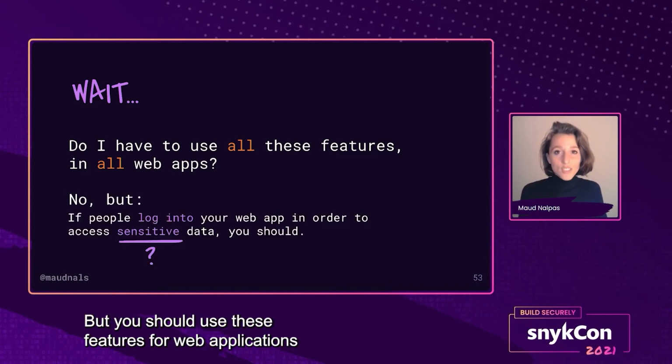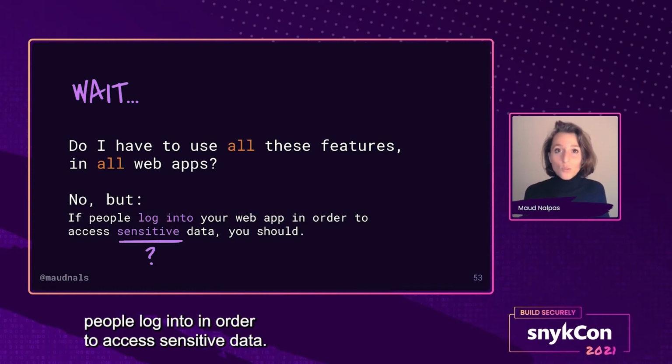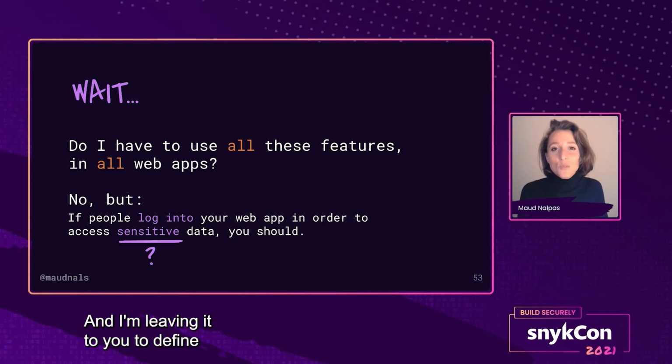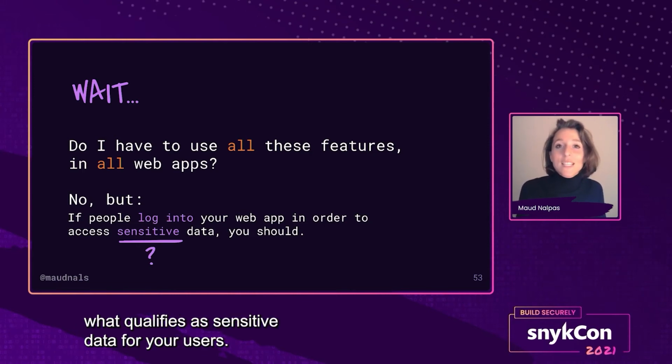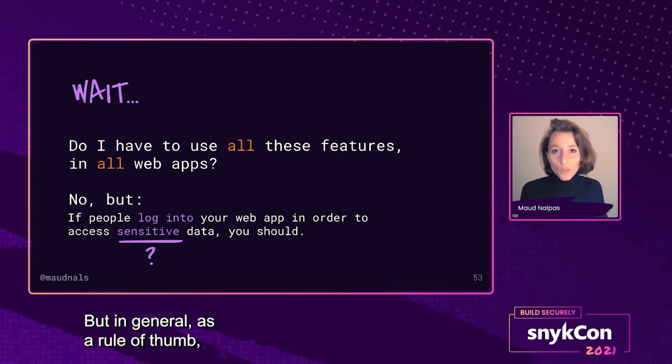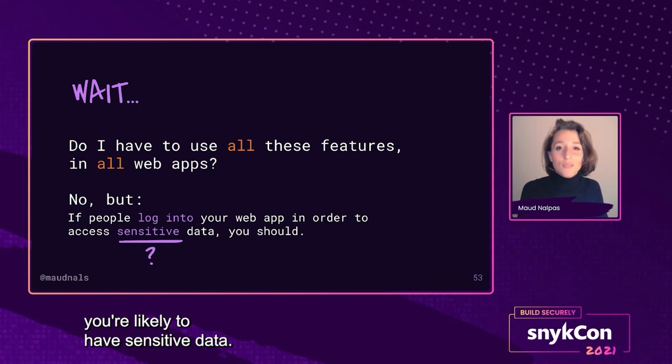But you should use these features for web applications people log into in order to access sensitive data. I'm leaving it to you to define what qualifies as sensitive data for your users. But in general, as a rule of thumb, when you have login functionality, you're likely to have sensitive data.